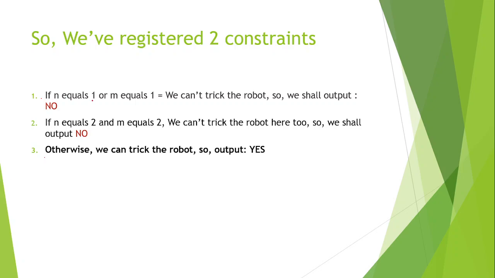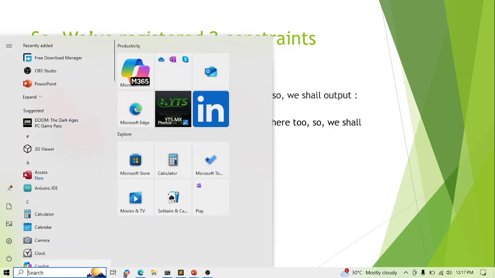If n equals 1 or m equals 1, we cannot trick the robot, so we shall output no. If n equals 2 and m equals 2, we can't trick the robot here too, so we shall output no here too. Otherwise, we can trick the robot, so we shall output yes.